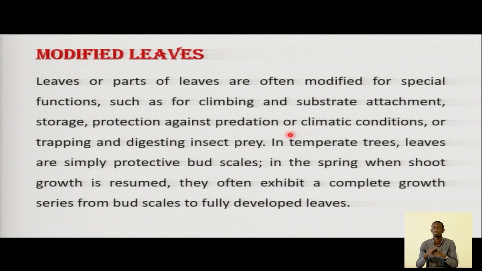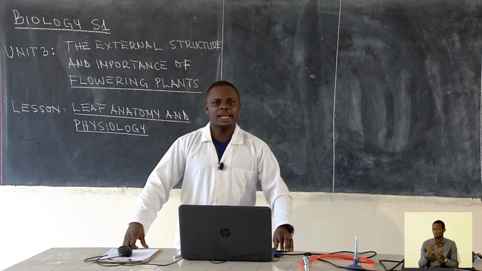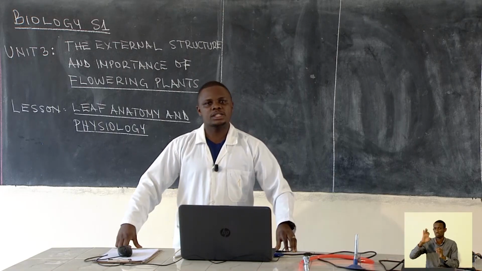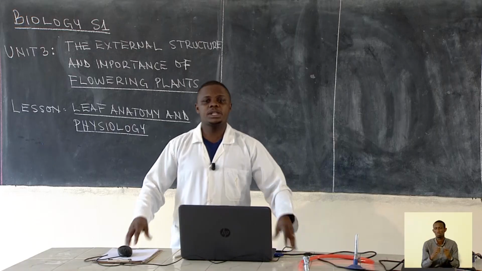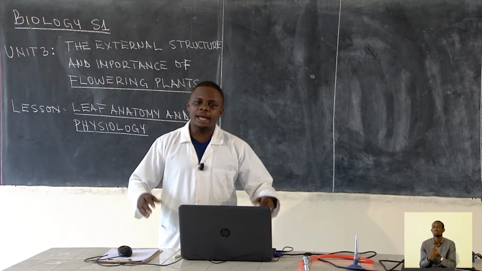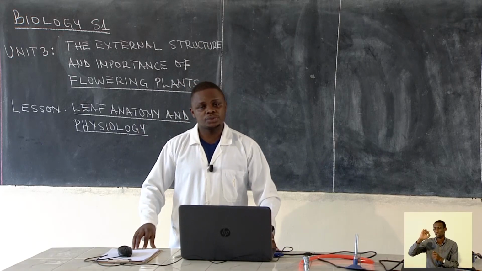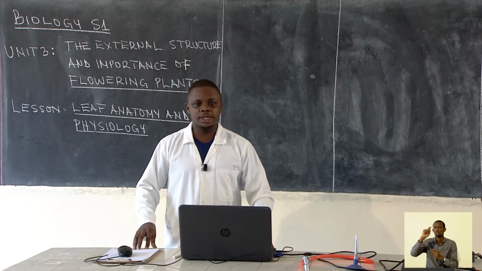Others are adapted or modified so that they can get used to climatic conditions. Or others are adapted for trapping and digesting insects or prey, which means modified leaves are leaves which are specialized to perform different functions. These can be specialized for climbing or attachment to different parts like trees.